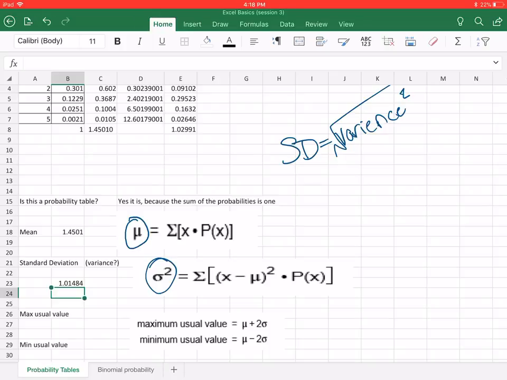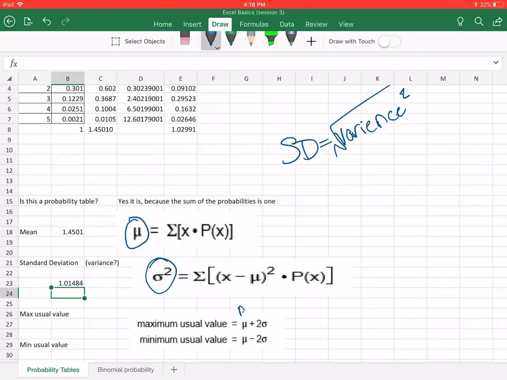So to find your maximum and minimum usual value, I gave you again the equation. So it's just the mean plus or minus, plus being the maximum, minus being the minimum, 2 sigma, and sigma is standard deviation. So remember, mu is mean, and sigma is standard deviation.